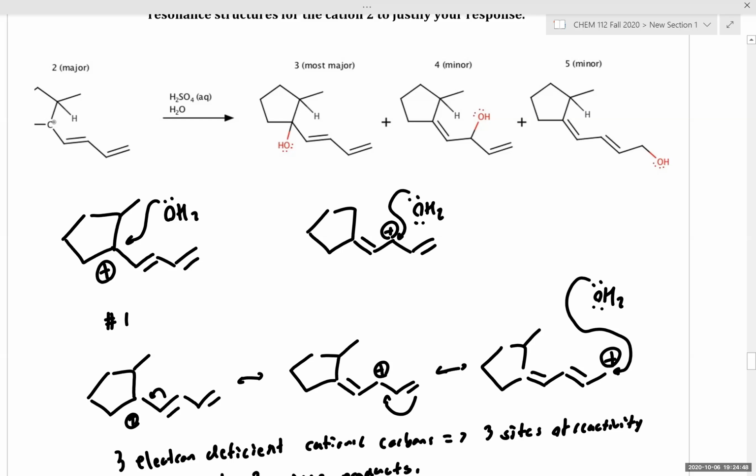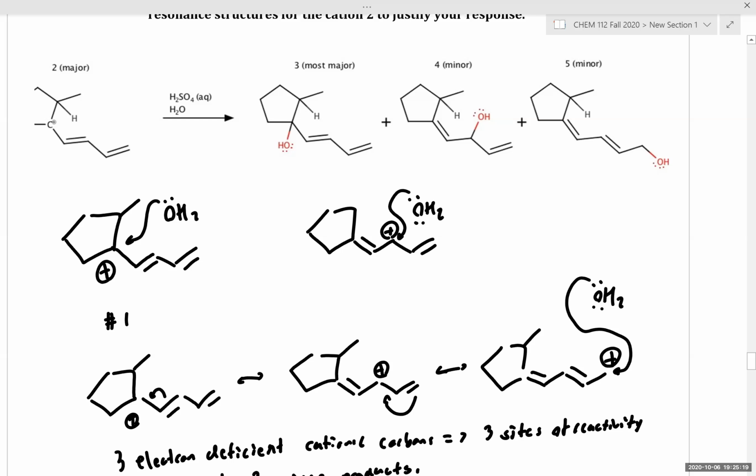The reason why product 3 is major is partially because it's a tertiary carbocation, but the effect of conjugation on the alkene stability and the stability of our final products is pretty substantial in this case, because all of our cations are delocalized and resonance stabilized cations.